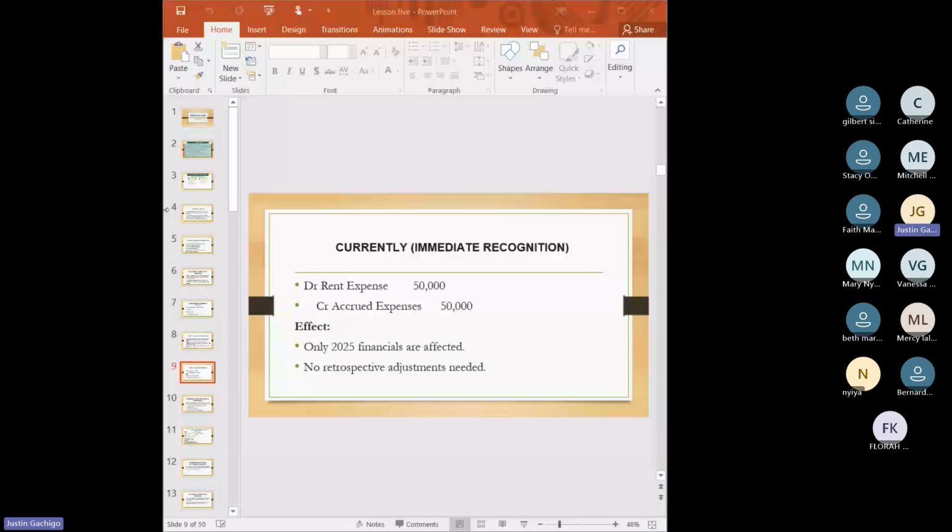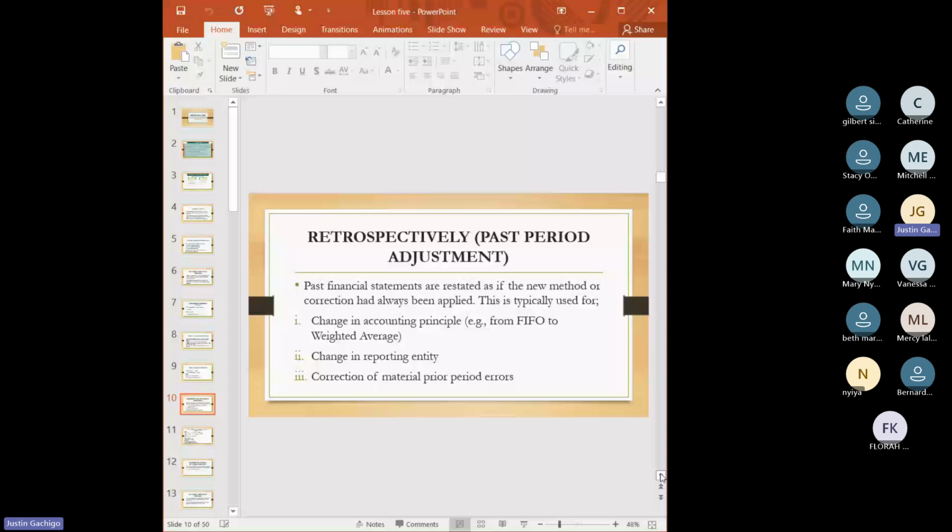Then we have the retrospective. Now, for the retrospective, as I have said, this one is for the past period. So the past financial statements are restated as if the new method or correction has always been applied.